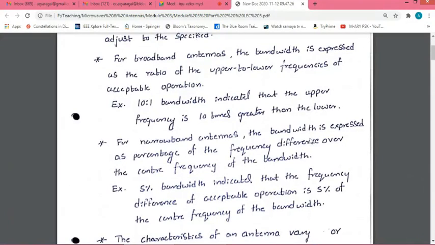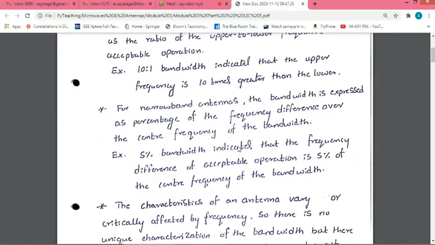A broadband antenna is 10:1, where the upper frequency is 10 times the lower frequency. In the narrowband, 5% bandwidth indicates that a difference of 5% is acceptable, taking the center frequency.